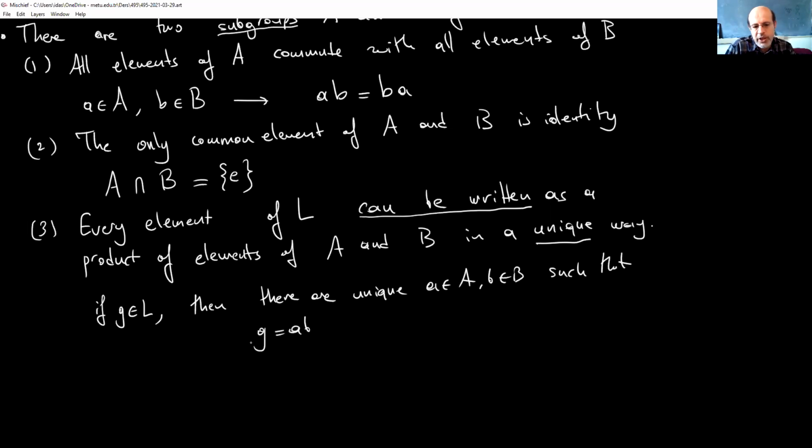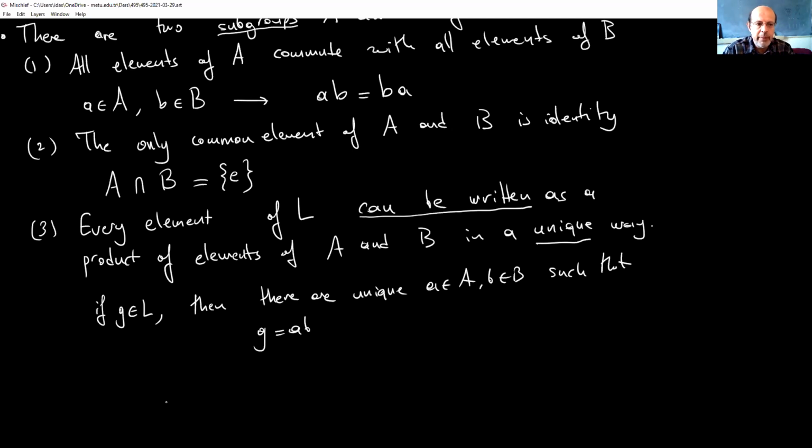Okay, so the uniqueness is important. You cannot have a different kind of a product producing the same element. You have only one way to express any given element of the L. That's basically implicit in the direct product. So you can essentially see that all of these three properties should be satisfied in a direct product.